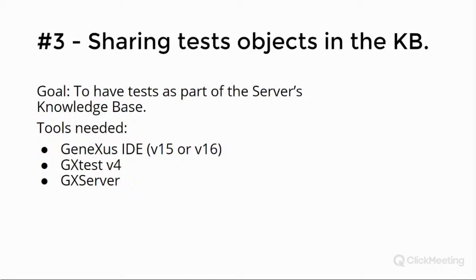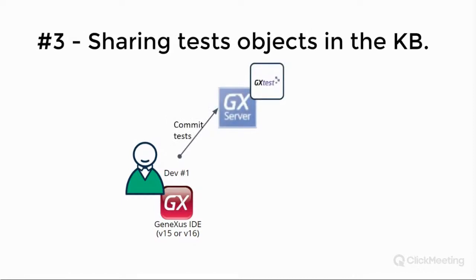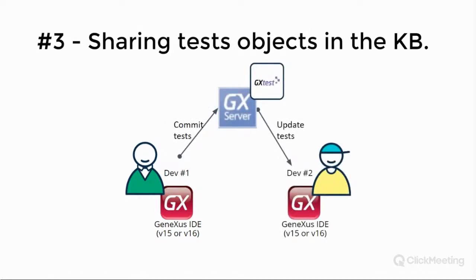Another possible scenario is when developers need to share the test objects through GX server. For example, I have different developers working in the development process and they need to share the test objects.